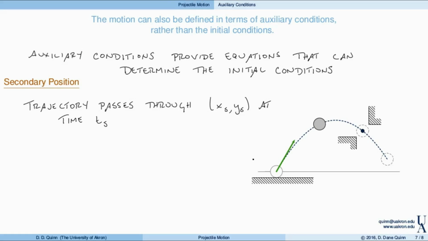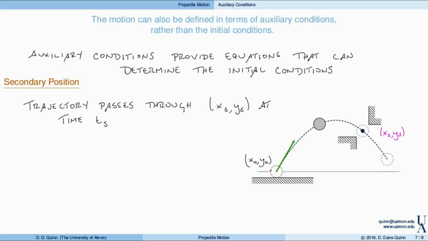So here again the particle starts at some initial position x naught, y naught, and then at some future time we would like for the particle to move through a secondary point, which is given by xs, ys.